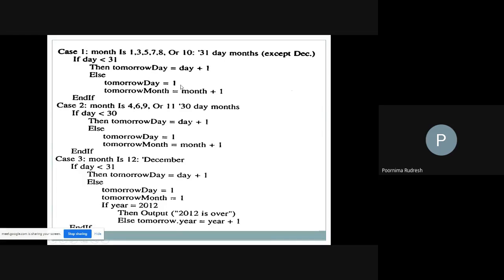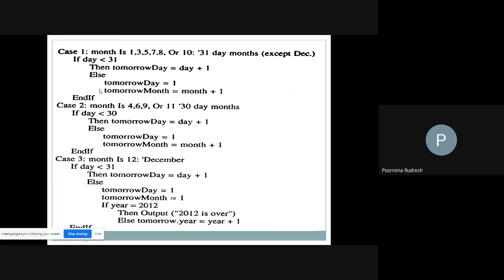So tomorrow day is equal to 1 and the month is incremented by 1. What will be the next day after October 31st? The next day becomes November 1st.